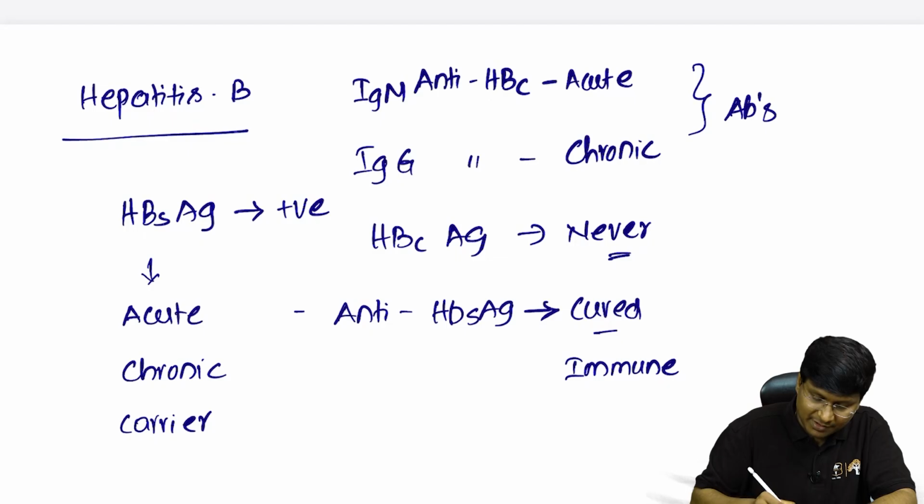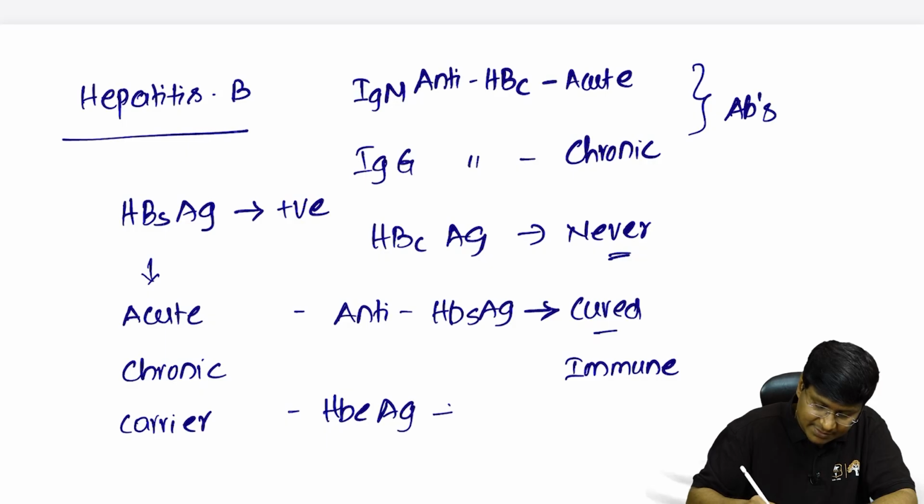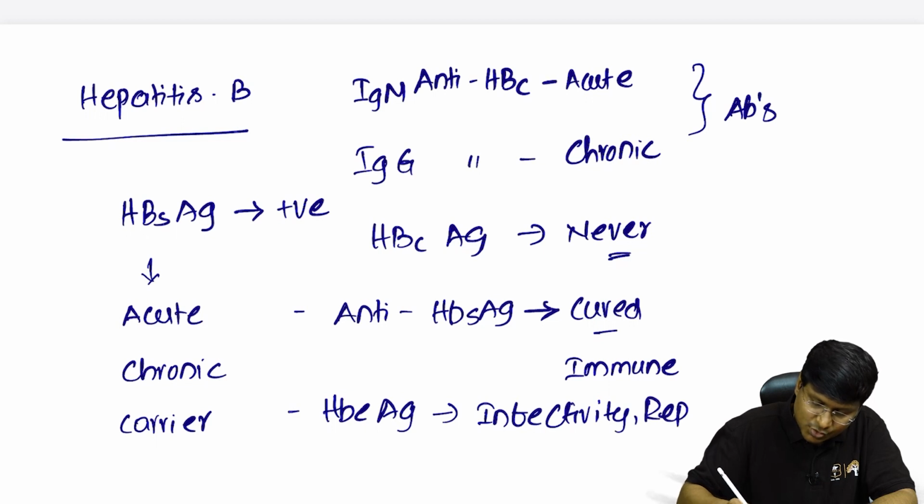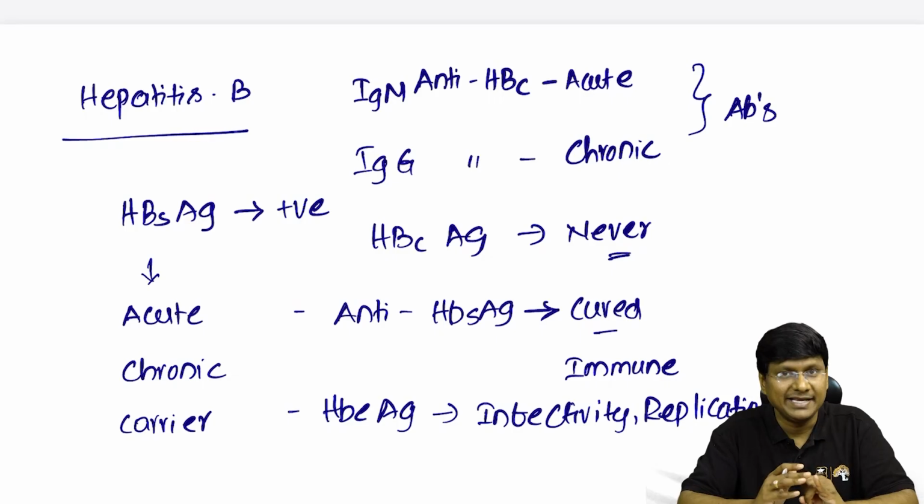And the next important marker is HBeAg, the envelope antigen, that tells you about the infectivity and as well as the replication. If the HBeAg is positive, that tells that the individual is highly infective and the replication is also very severe.